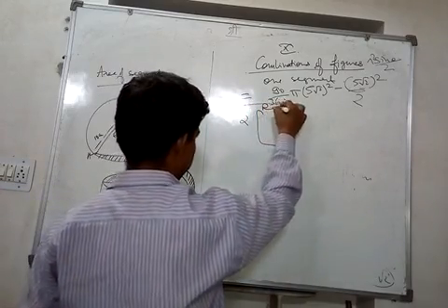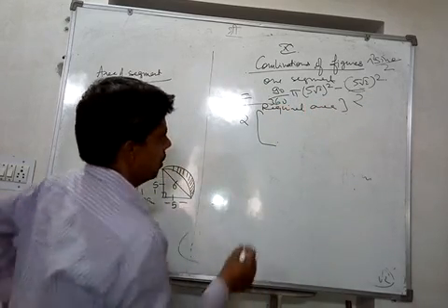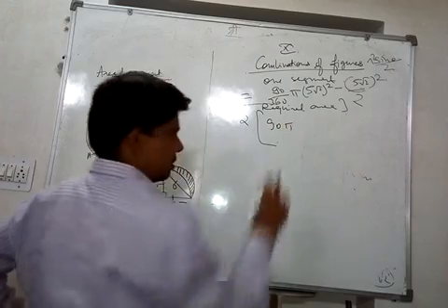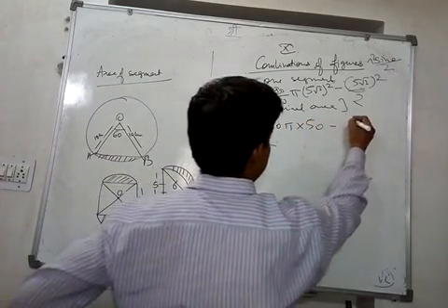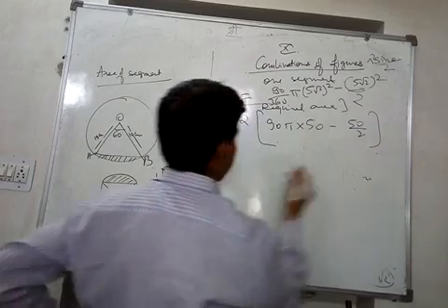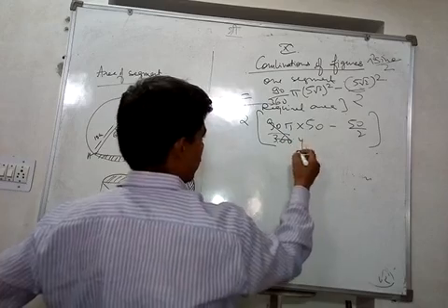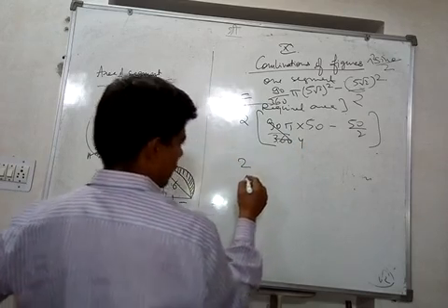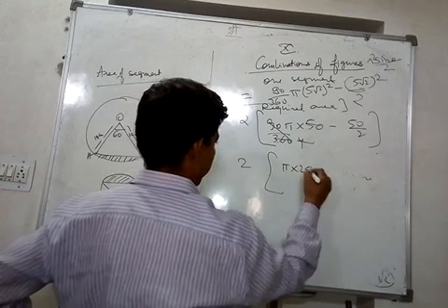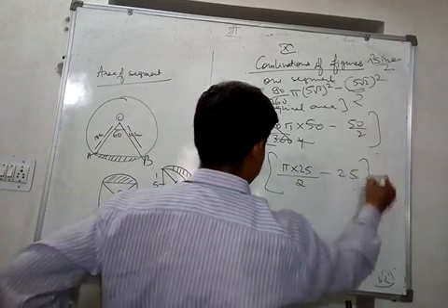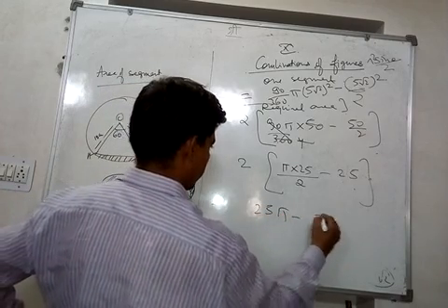So the required area is 2 into 90 pi, and what is 5 root 2 whole square? 50. So 50 pi upon 360 minus 50 by 2. Cancelling, 360 by 90 is 4, and the 2 is outside, so we multiply. This gives 25 pi upon 2 minus 25. Let's multiply everywhere by 2: 25 pi minus 50.